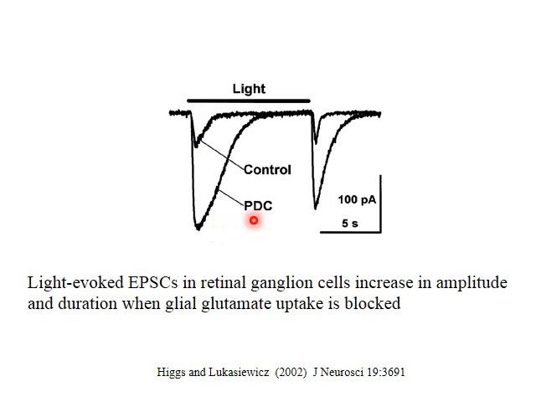So in the presence of this glutamate transport blocker, we see that both at light on and light off, we have a much larger inward current that is generated in the ganglion cells. And this is because with the release of glutamate with light stimulation, the glutamate is released into the synaptic cleft, but it can't be taken up by the glial cell transporters if the blocker is present.